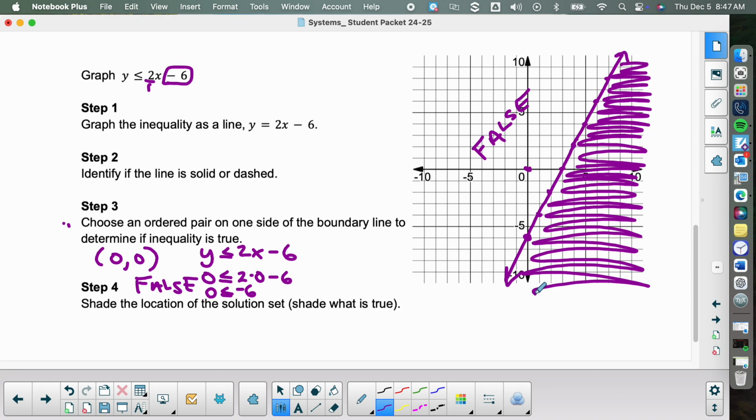I'm hoping you guys figured out the easy way to shade. What's the easy way to figure out which half to shade? Gigi, it looked like you were nodding yes. I don't know. No, okay. Simon, apparently you have to speak up because they're not going to.